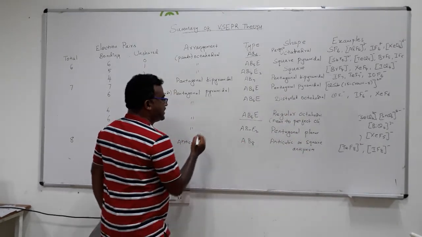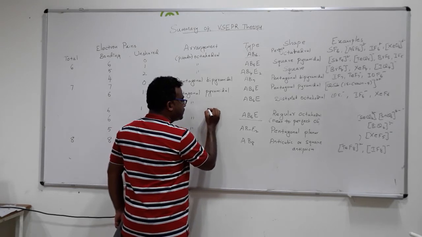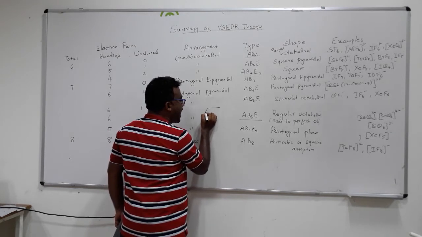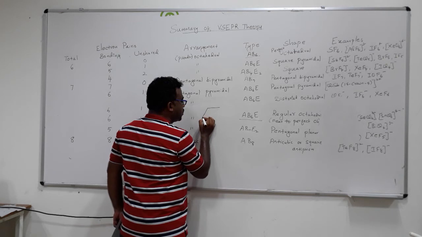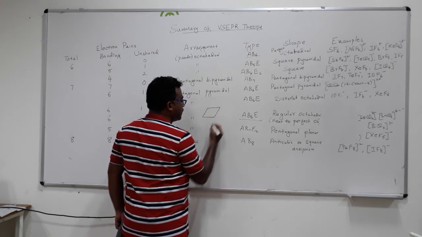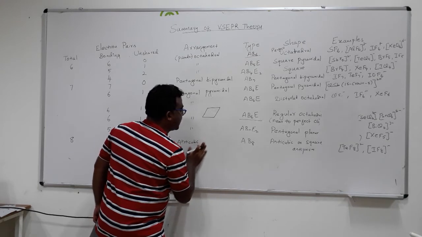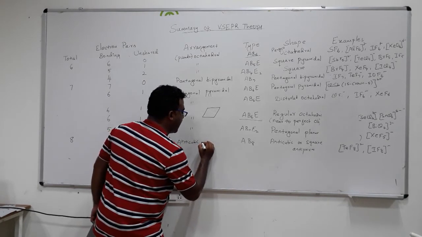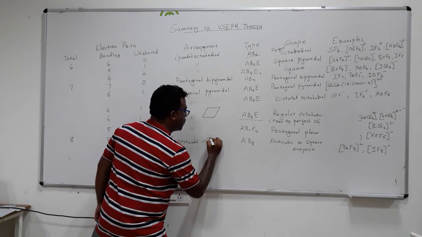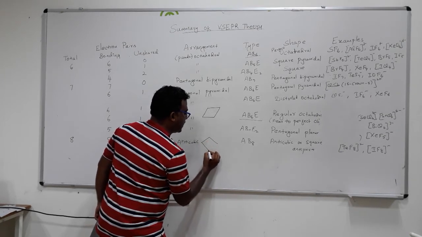Square antiprism, how does it look? First of all, you have to draw a square. And then it is an antiprism, so you have to twist it by 90 degrees.